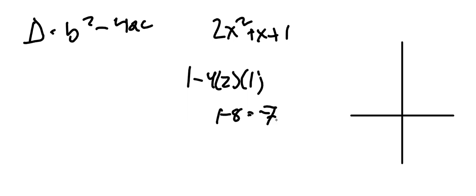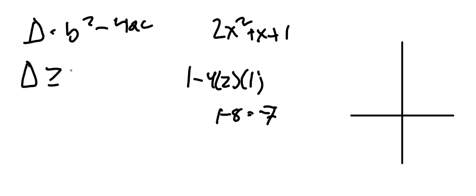So, if the discriminant is greater than, or equal to, probably 0 is a better benchmark to set, more specific.